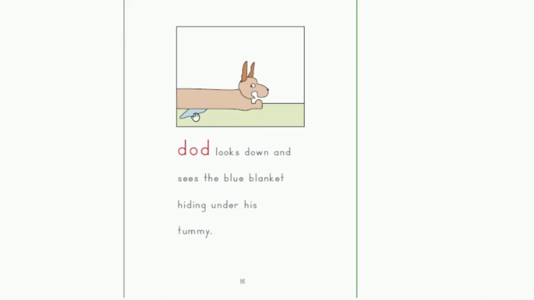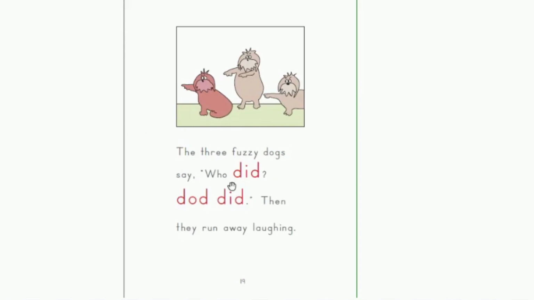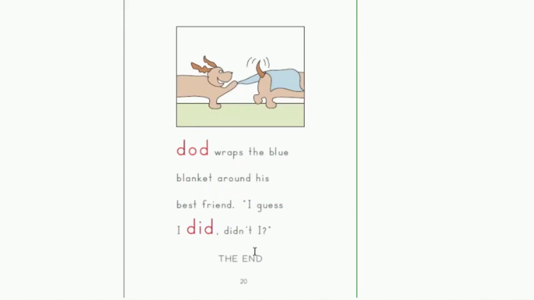Can you see here? The blue blanket is hiding under Dod's tummy. The three fussy dogs say, Dod did. Then they ran away laughing. Dod wraps the blue blanket around his best friend. I guess I did, didn't I?